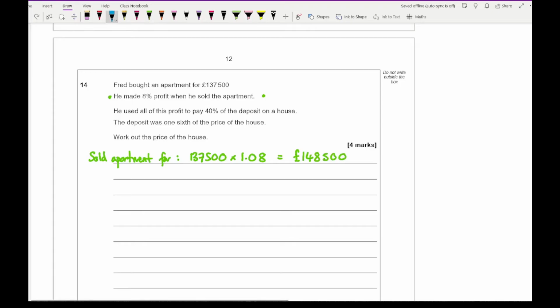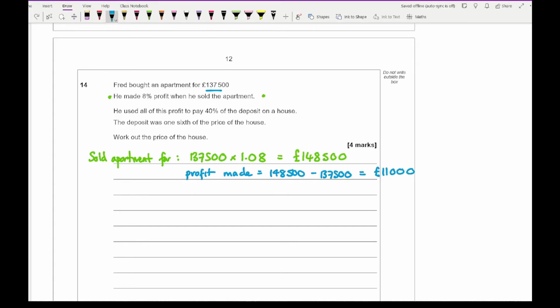Now, the profit made is going to be 148,500 take away the original price, which was 137,500, and that comes up to £11,000.